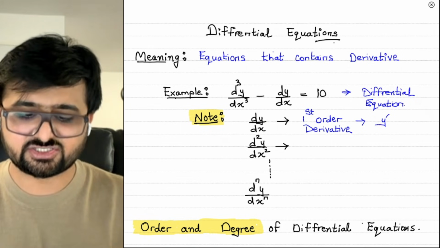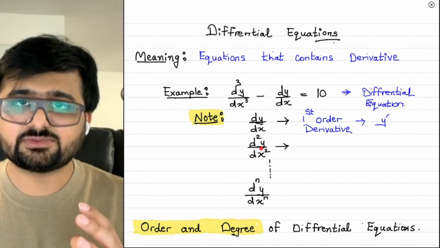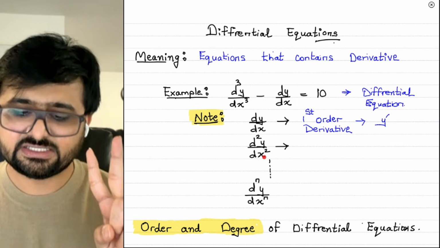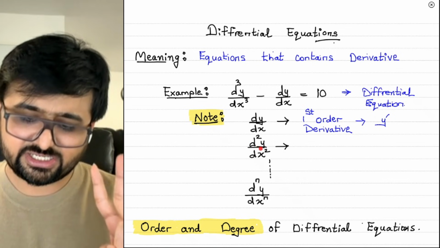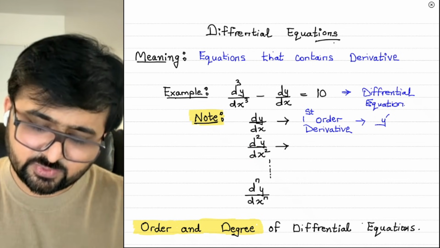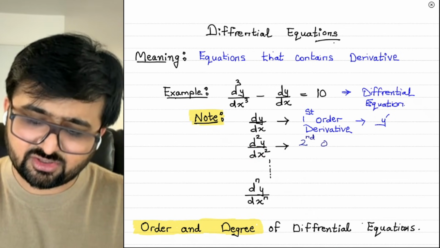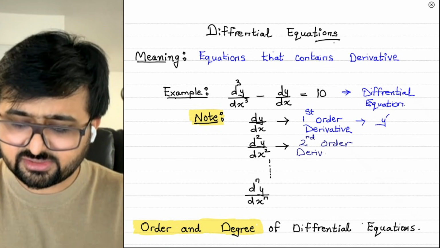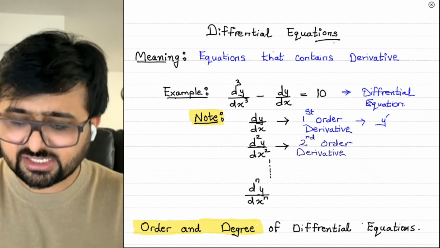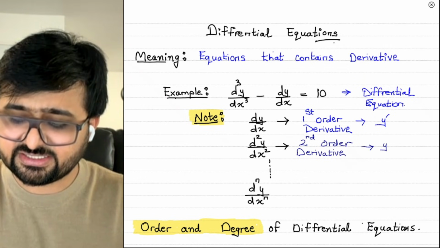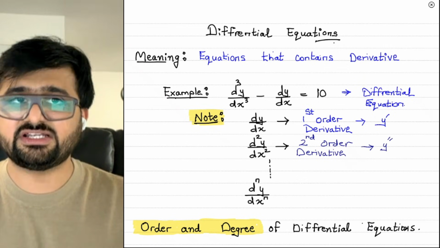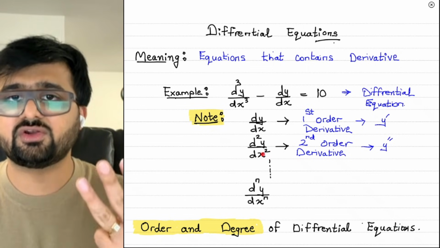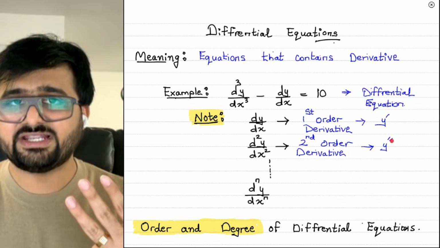Now d2y by dx square: in order to get d2y by dx square, you have to differentiate two times. Since you differentiate two times, d2y by dx square is called the second order derivative, and it is represented as y double dash. Similarly, d3y by dx cube is the third order derivative, represented by y triple dash.